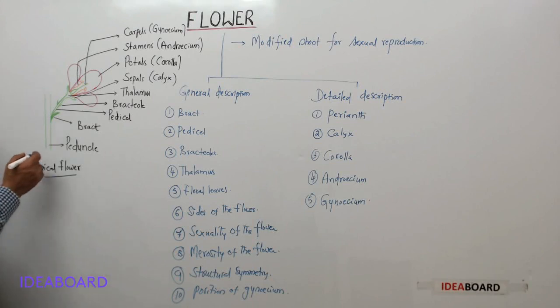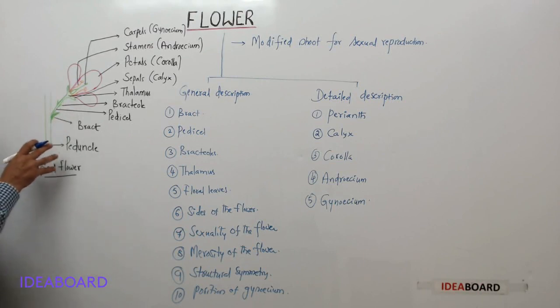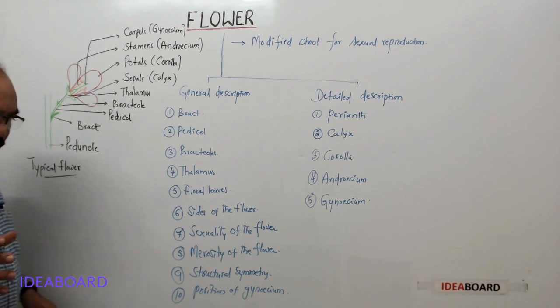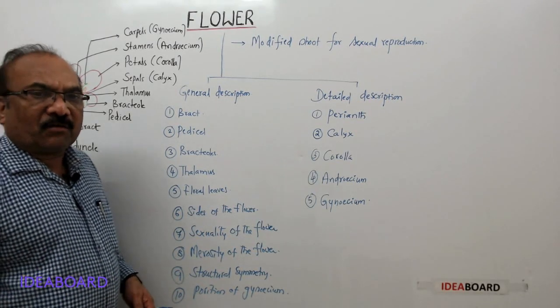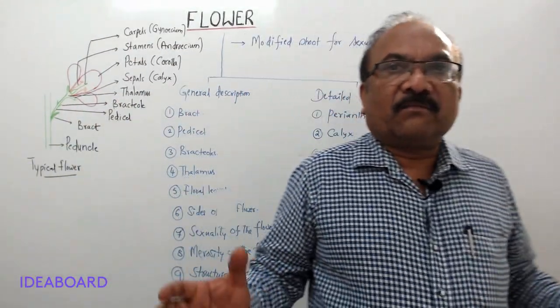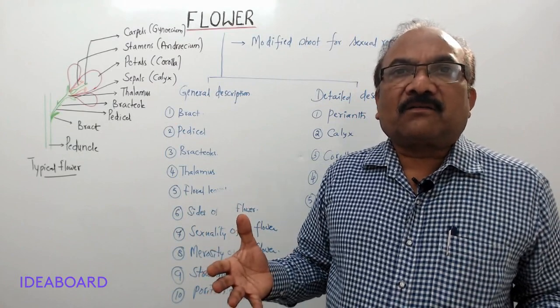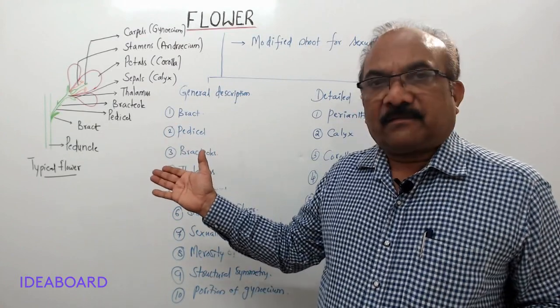Here I wrote peduncle: this is one flower magnified from a group of flowers, because a group of flowers arranged on a common axis is called an inflorescence. That common axis bearing flowers is called the peduncle.